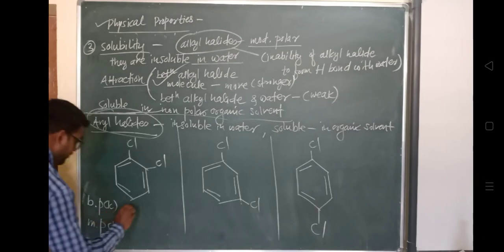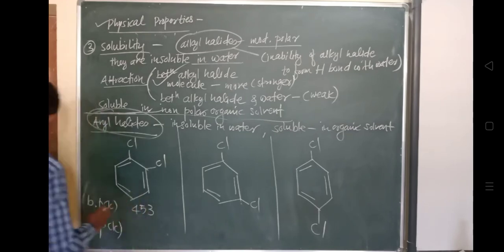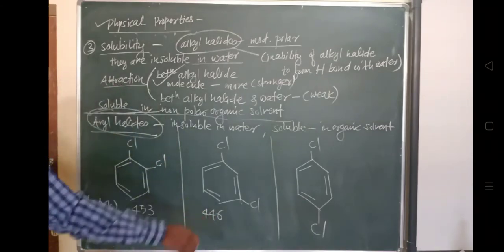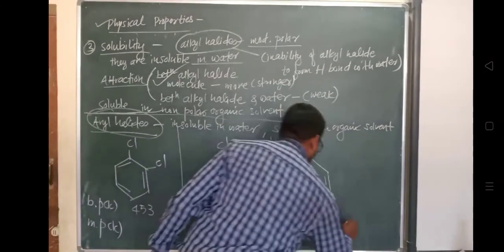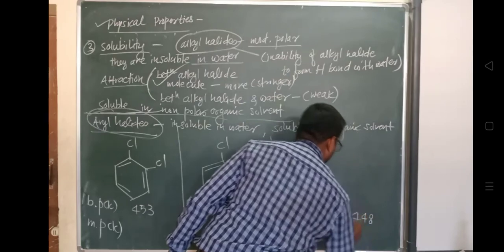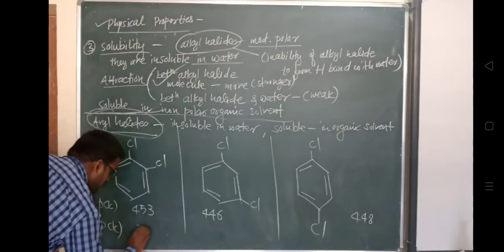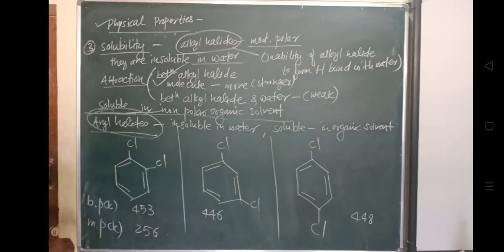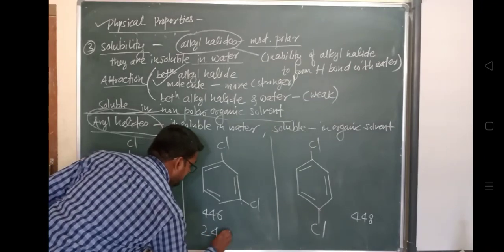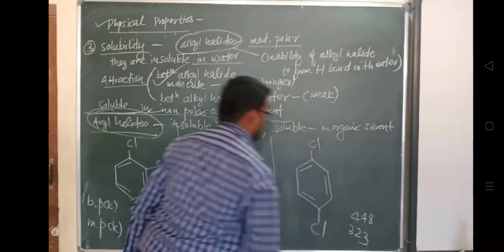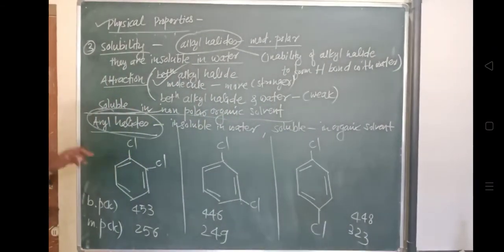Okay, so 453, this is 446 decreasing and 448. ऊपर में जो लिखा हुआ है वो बॉइलिंग पॉइंट है, नीचे जो लिख रहा हूं वो मेल्टिंग पॉइंट है. 256 केल्विन, 249 केल्विन, and this is 323. Okay, so have a look at all three.